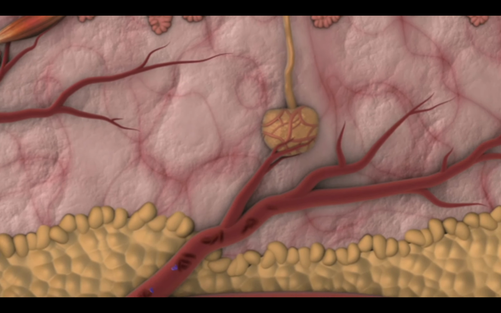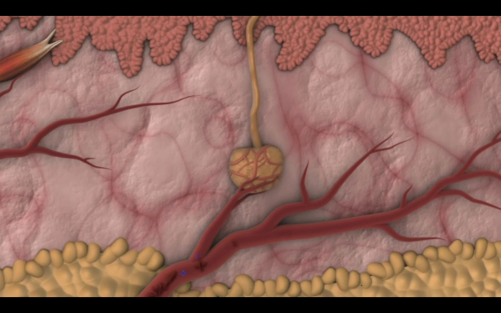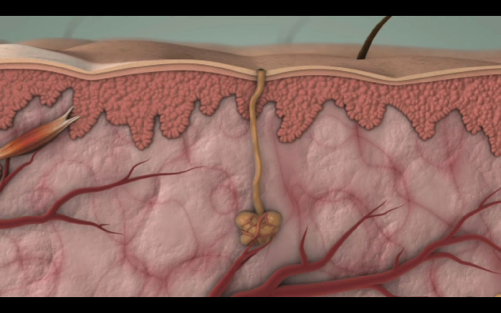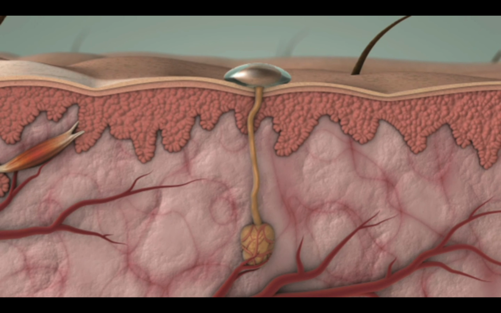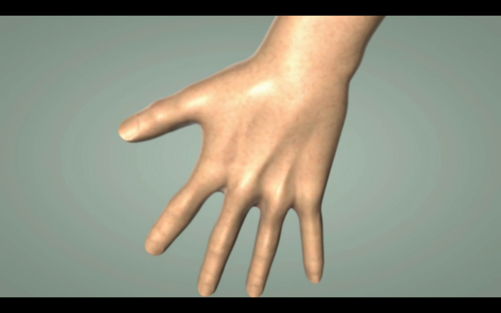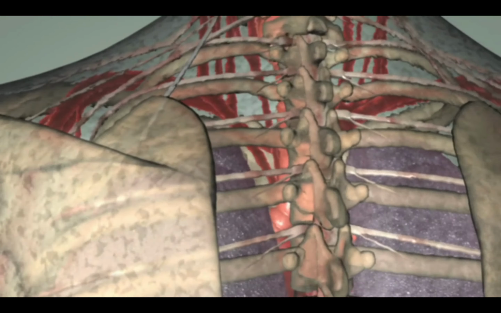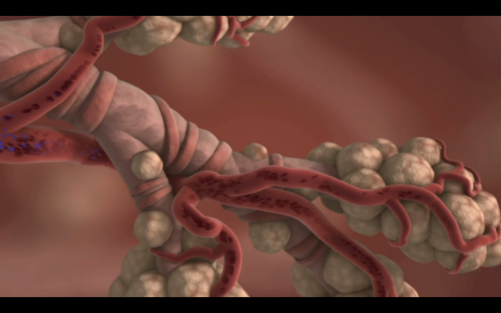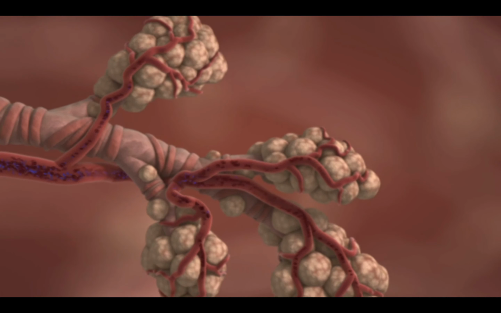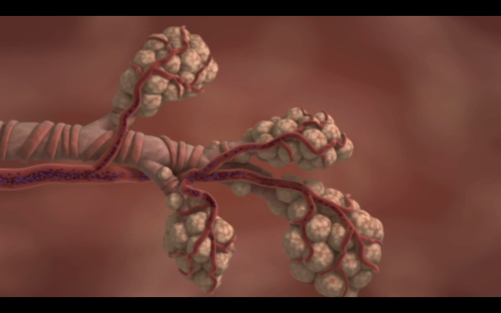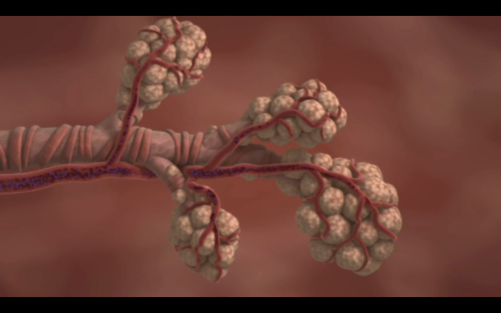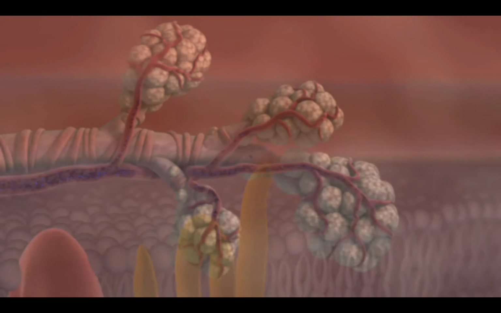The signal also docks on cells wrapped around a sweat gland, which contract too, squeezing sweat onto the skin surface. In the lungs, the signaling molecule docks on muscle cells wrapped around bronchioles. But these cells relax instead of contract to allow more oxygen into the blood.